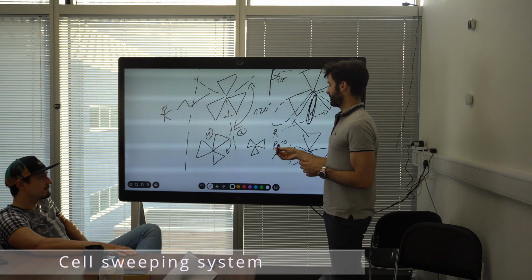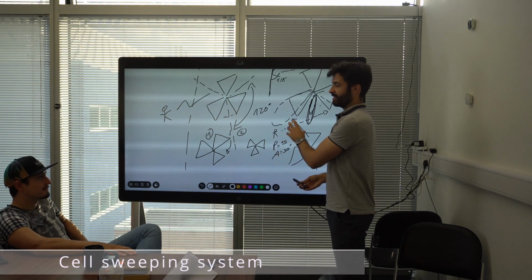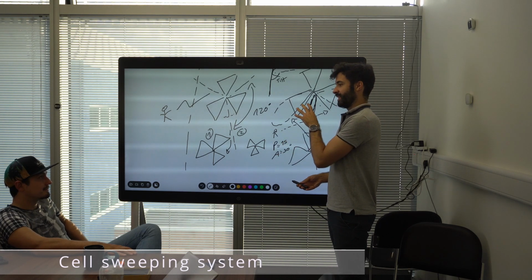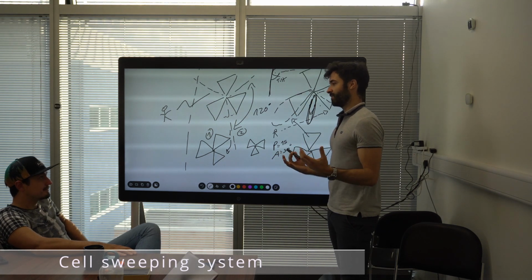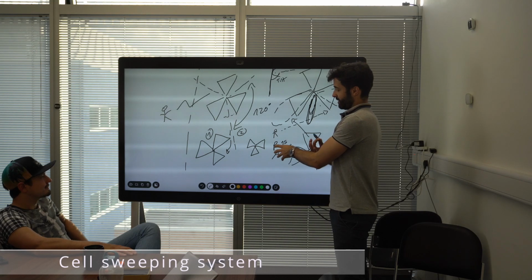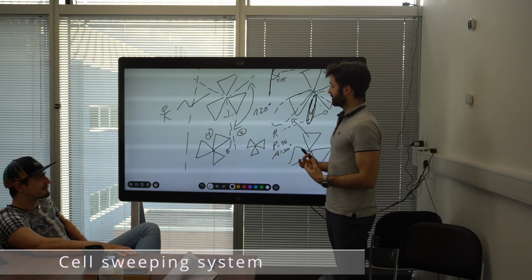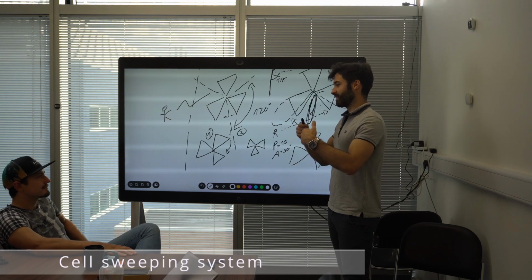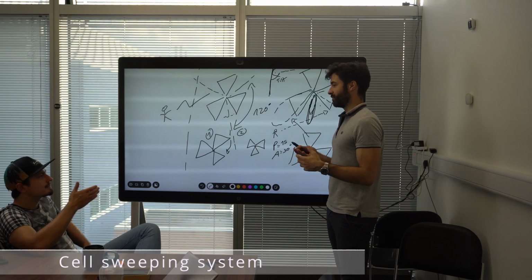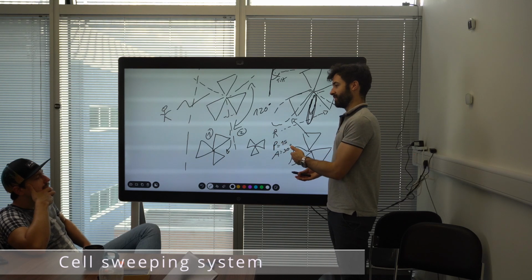We configure these parameters when we deploy the base station, depending on the environment and on the neighbors. We don't need this configuration to be smart, because when we do the radio network planning, we can just define these configuration parameters.